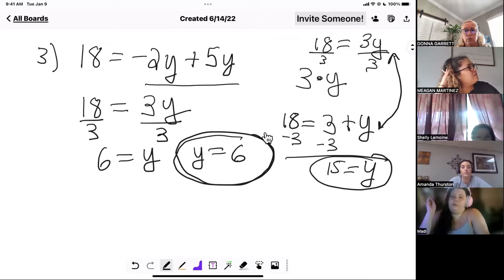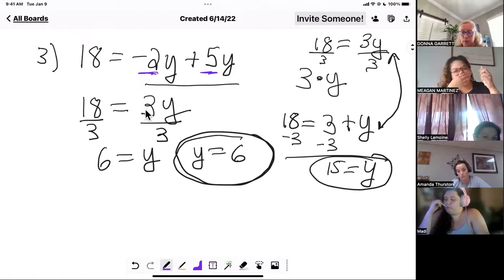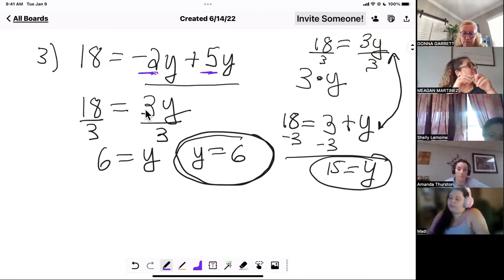I'm a little confused. How did you get 3? -2y plus 5y. So 5 minus 2 is 3. 5 is bigger, so I got 3. I was doing it like we did the other problems where you were, oh, but they're already on the same side.